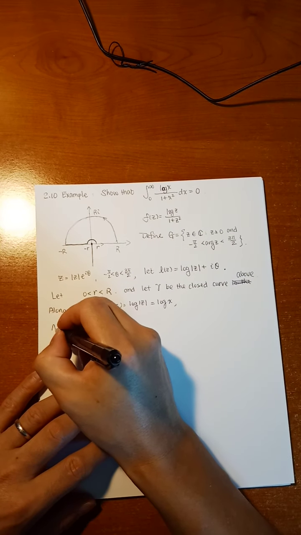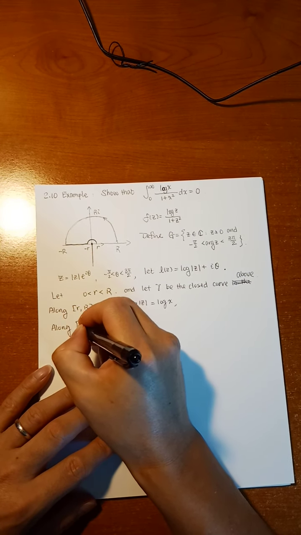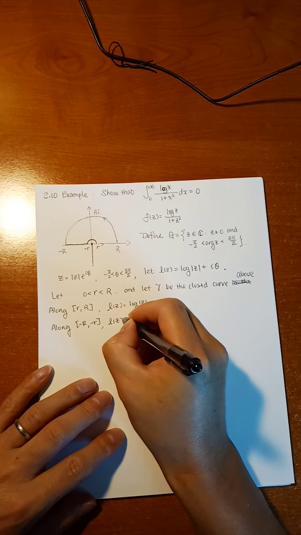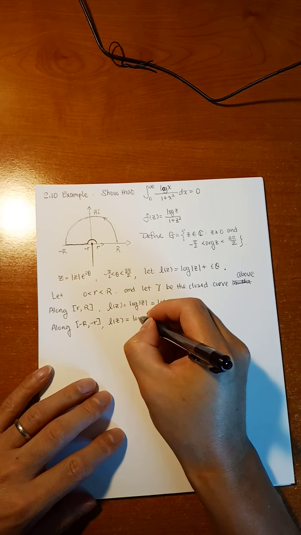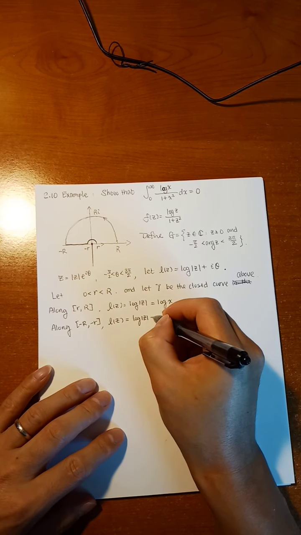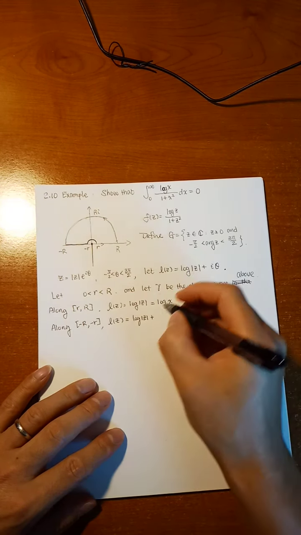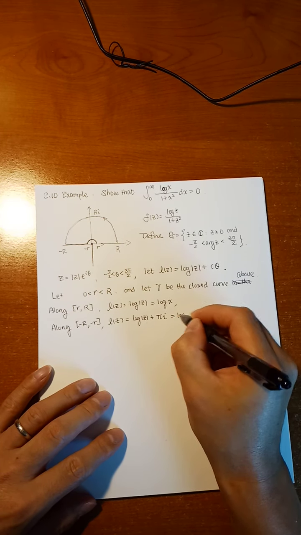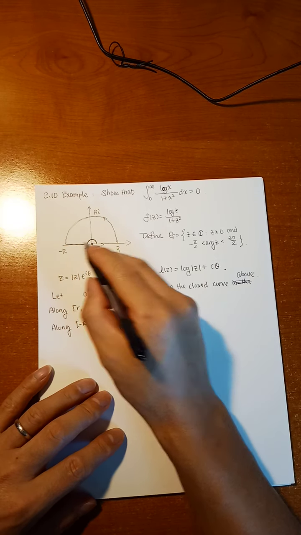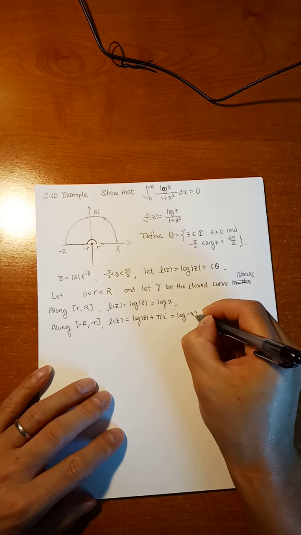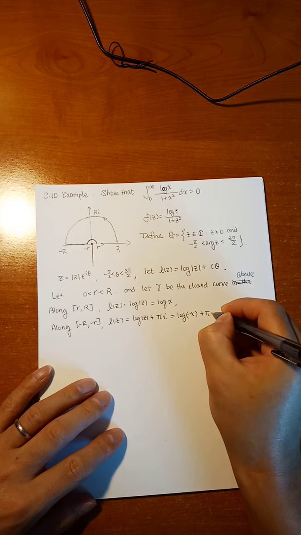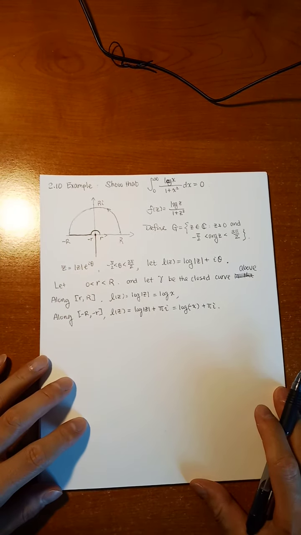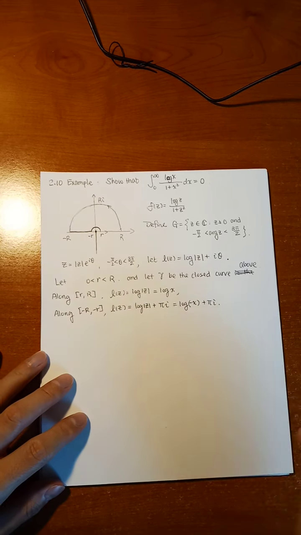And along negative capital R to negative r, the complex logarithmic function is log of the modulus of z plus, the argument is pi, so pi i. This time x is negative, so it's log of negative x plus pi i along this piece.